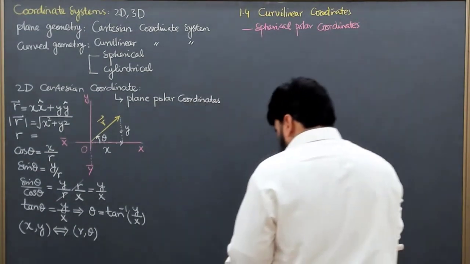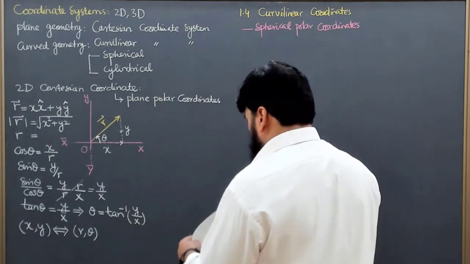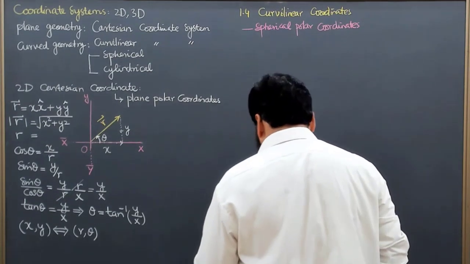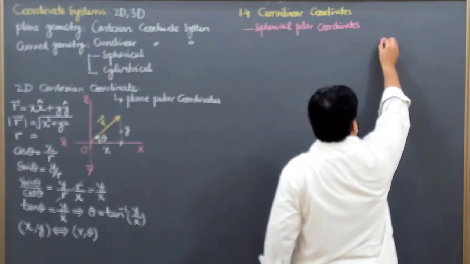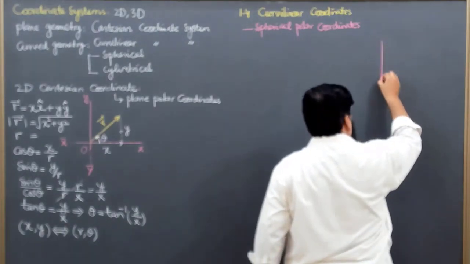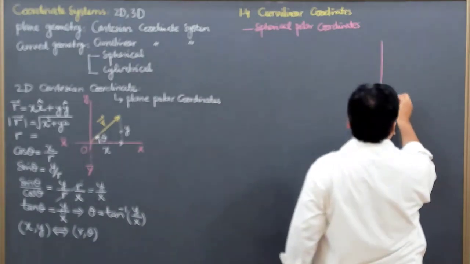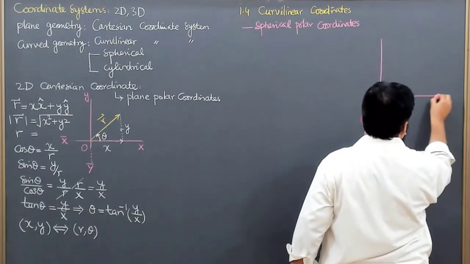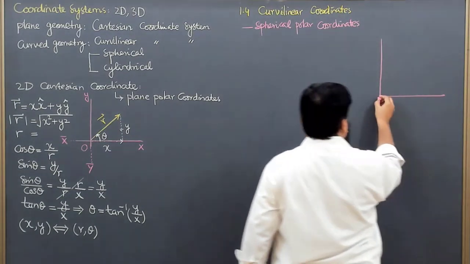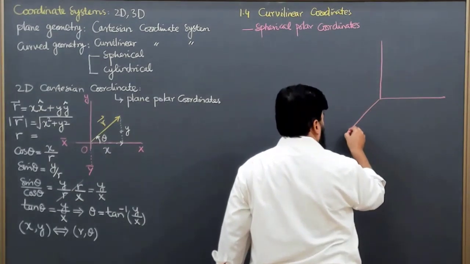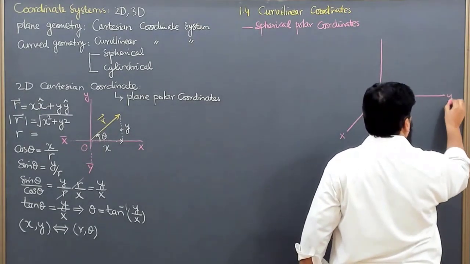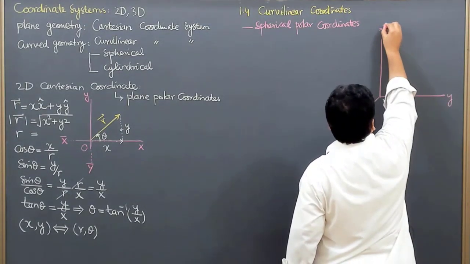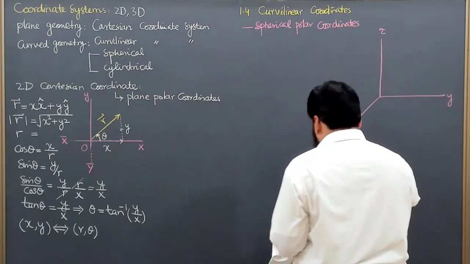Now consider our system to be three-dimensional. Now our coordinate system is having the x, y and z components. So this is one axis, this is another, and this is our x-axis, this is y-axis, and this is z-axis.